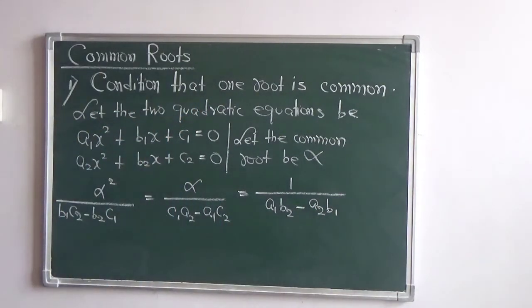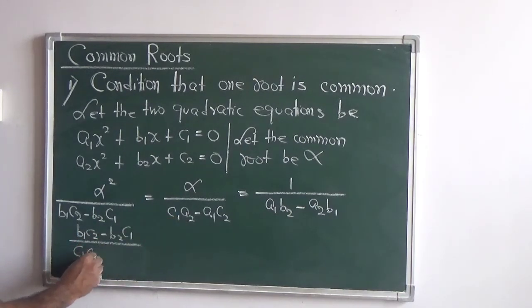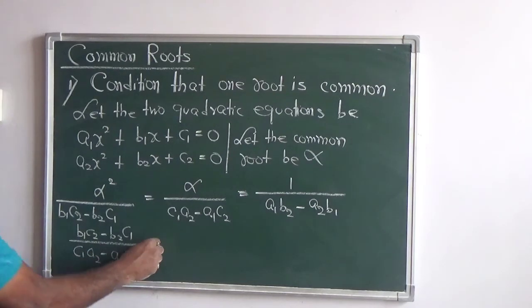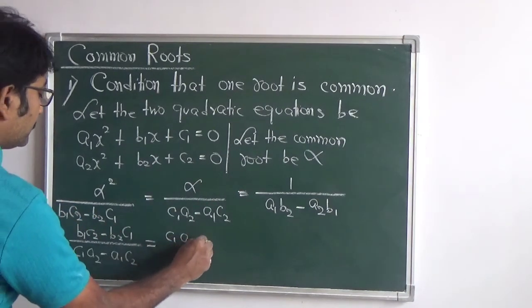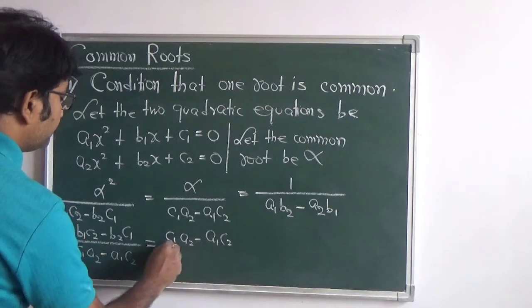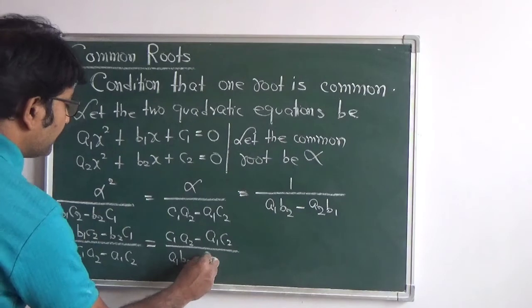So from this, if you equate, we will be getting the values of alpha as b1c2 minus b2c1 divided by this one, that is c1a2 minus a1c2, and from these two, alpha is c1a2 minus a1c2 divided by a1b2 minus a2b1.